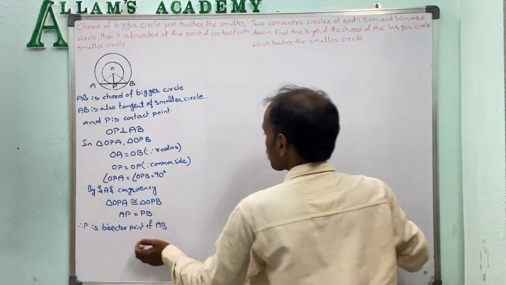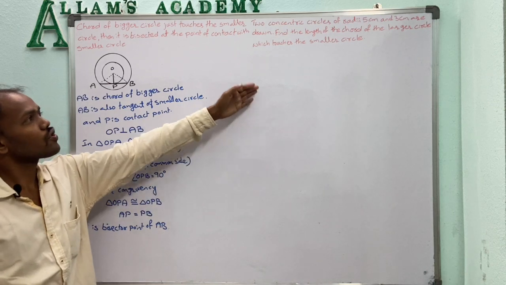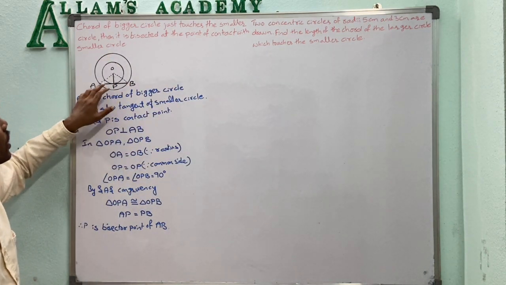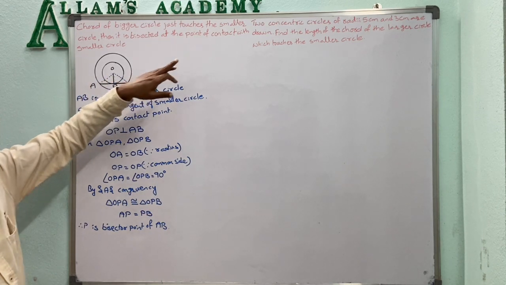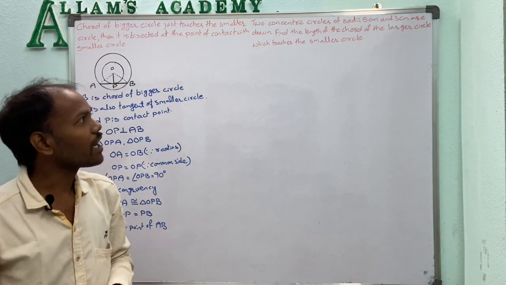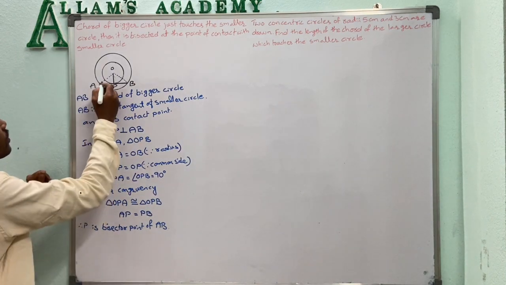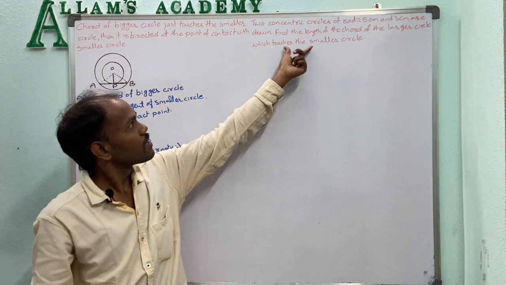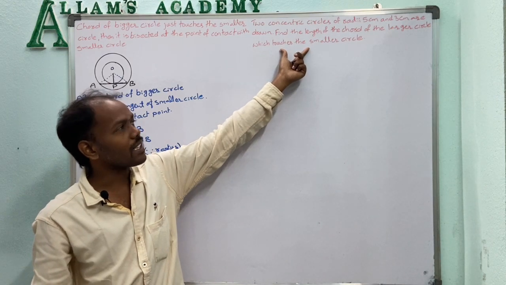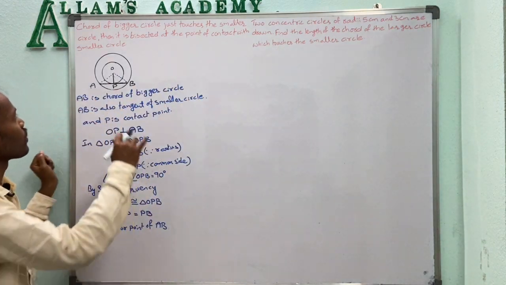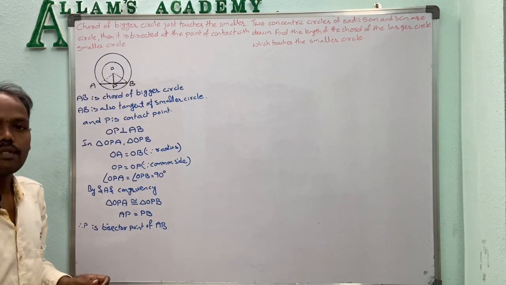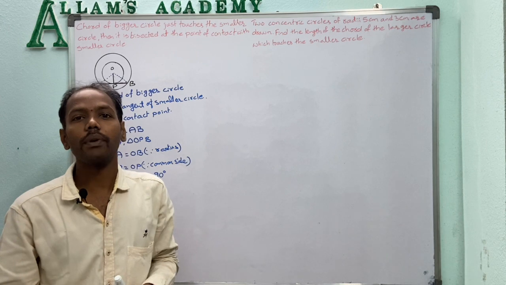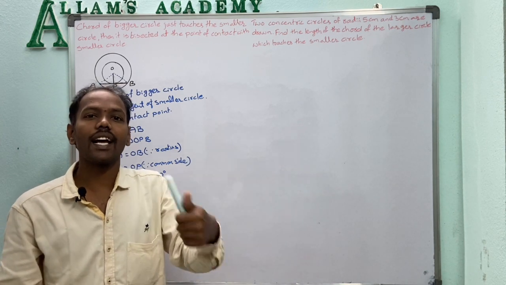We have to find the length of the chord of the bigger circle that is a tangent to the smaller circle.